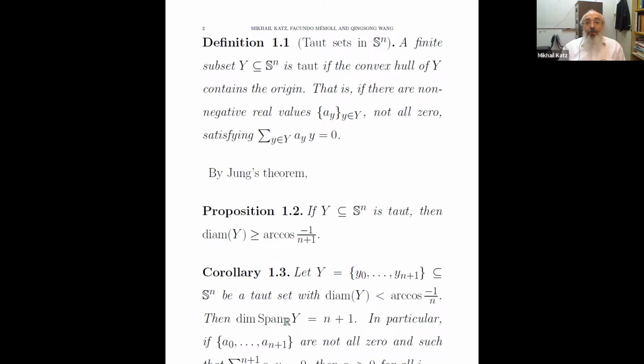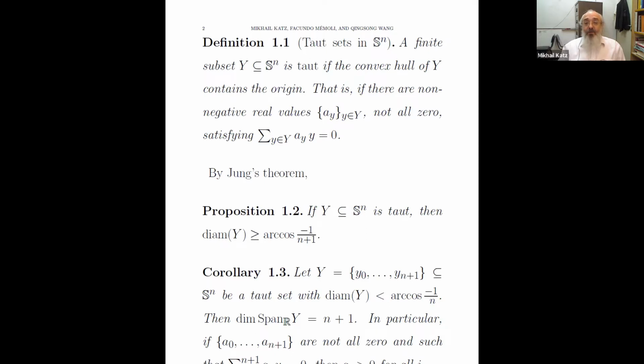So there is a theorem of Jung, which is actually equivalent to the proposition that's stated here, that if the set is taut, then its diameter is at least this magic number, arc cosine of -1 over n plus 1. So in the case of the circle, that's 2 pi over 3.